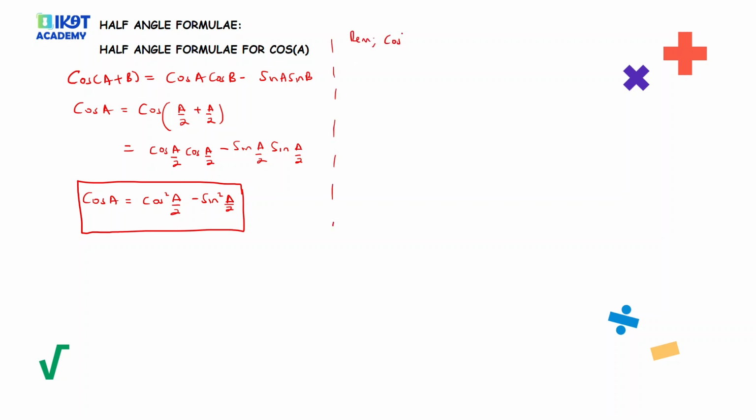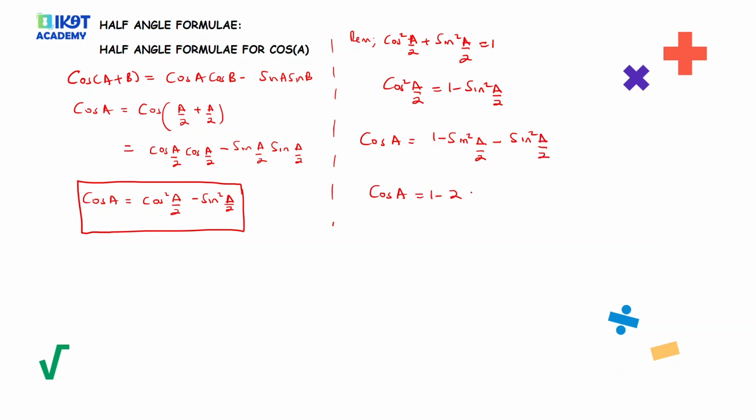But remember, cos squared A/2 plus sine squared A/2 is 1. So if I make cos squared A/2 the subject, I get 1 minus sine squared A/2. If I substitute that here, I get cos A equal to 1 minus sine squared A/2 minus sine squared A/2. So that means cos A is equal to 1 minus 2 sine squared A/2.